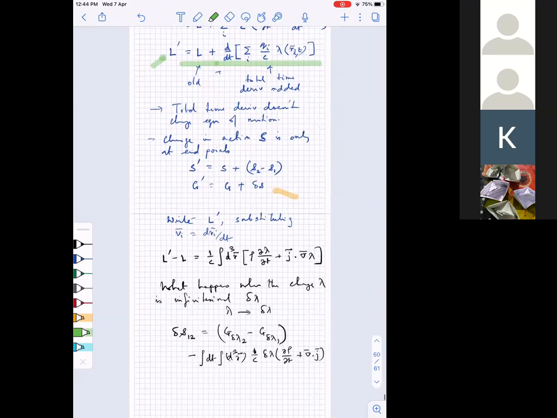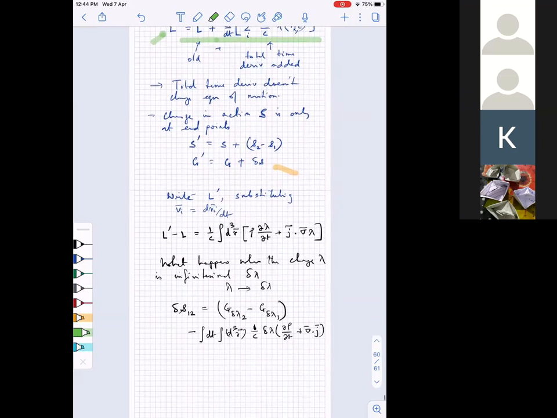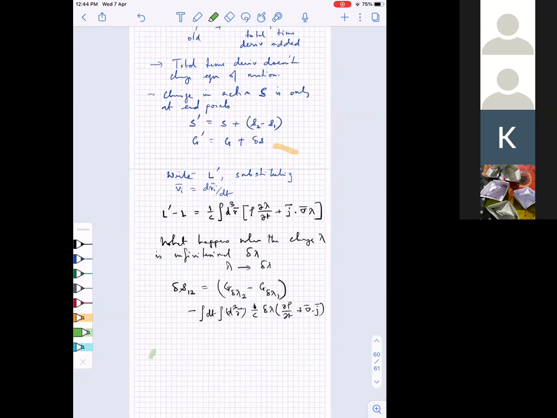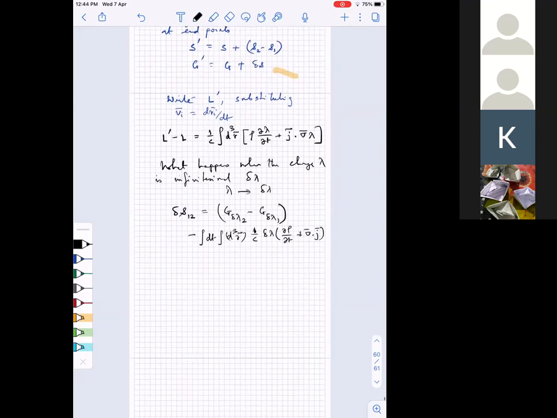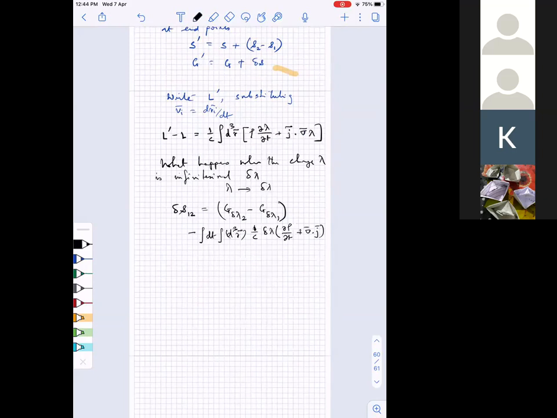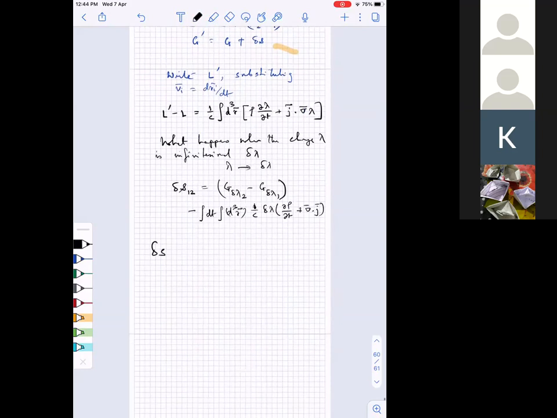These notations are becoming too convoluted.